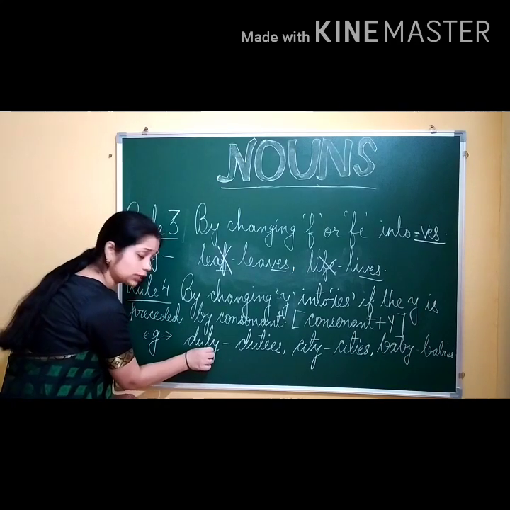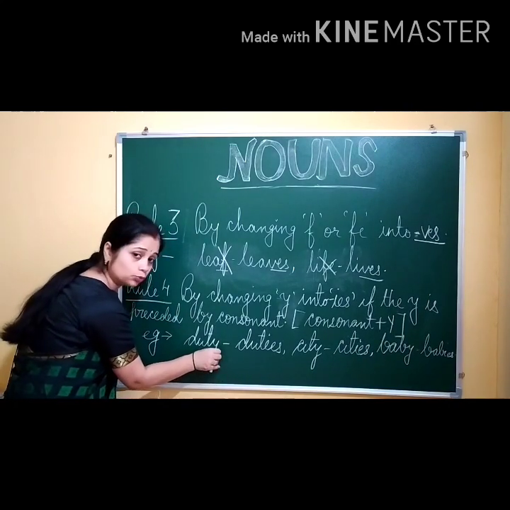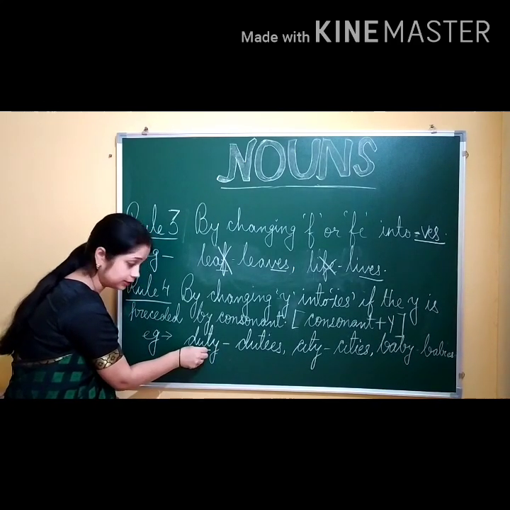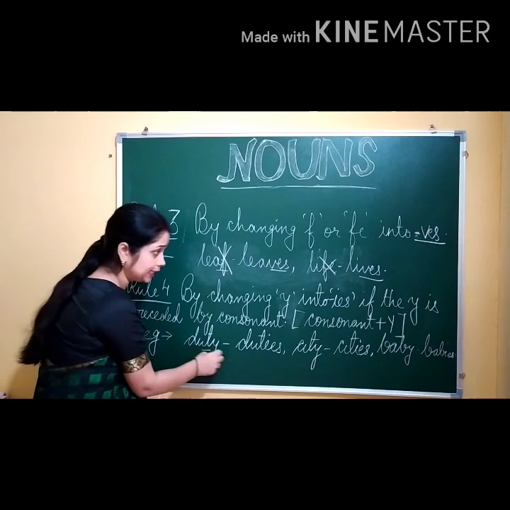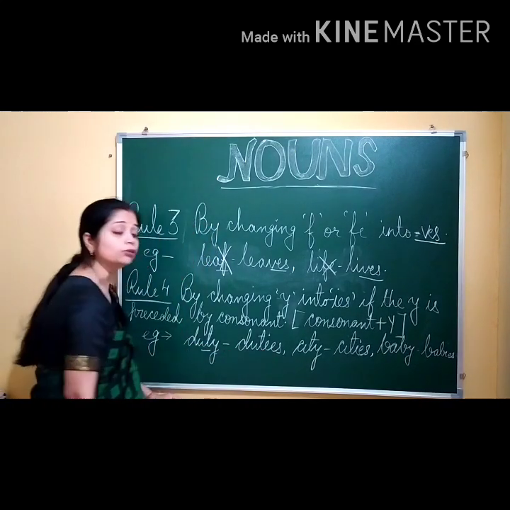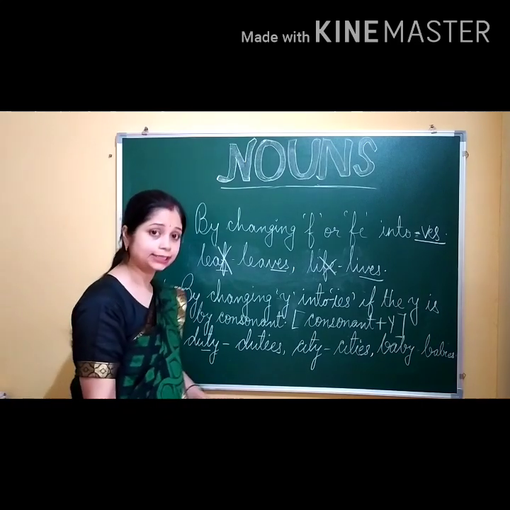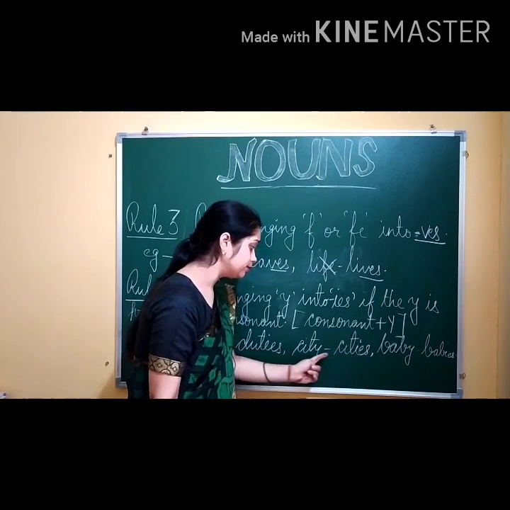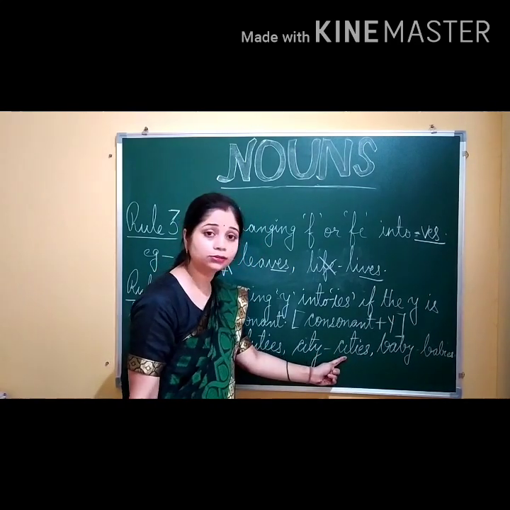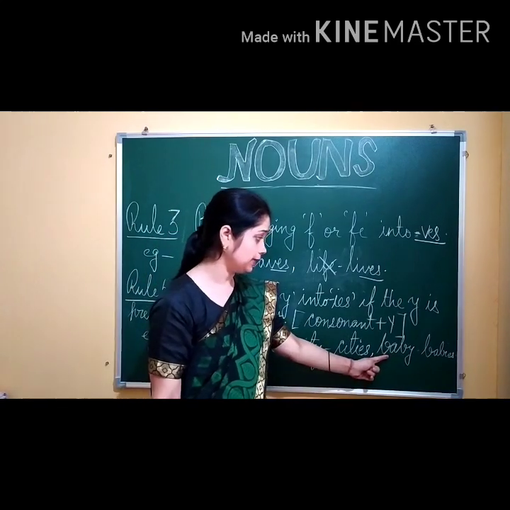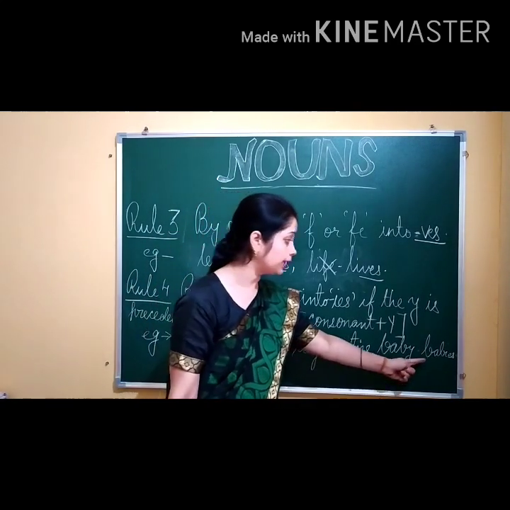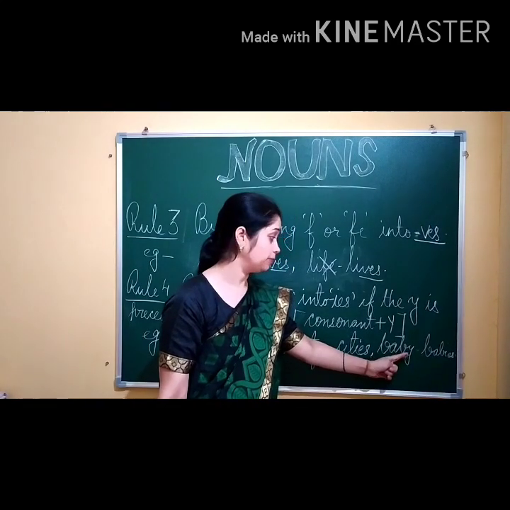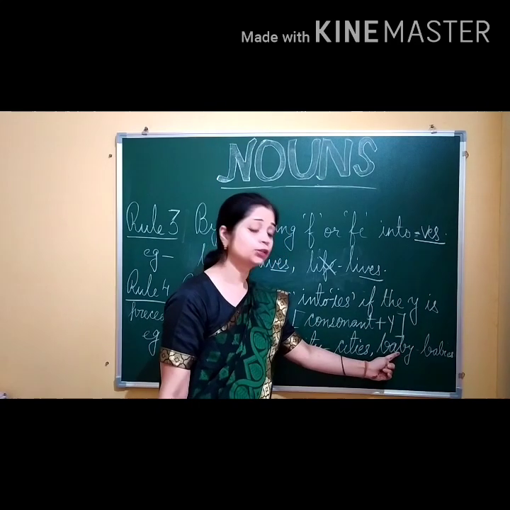T is a consonant sound and y has been preceded by a consonant sound T. Therefore, we have added ies to form it into a plural form. Let's take another example. City, by adding ies and removing y, has been changed to plural form. Baby has been changed to babies by removing y. Why? Because y is preceded by a consonant sound.